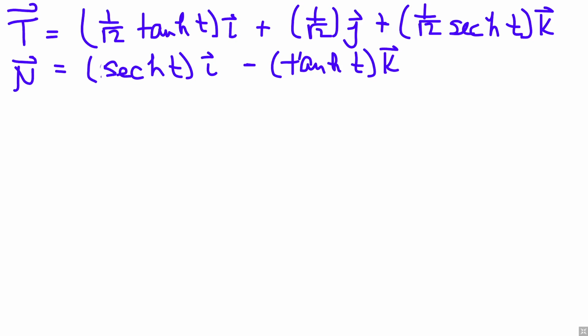so those are two. Next, we want to find the binormal. So we've got our ijk components.